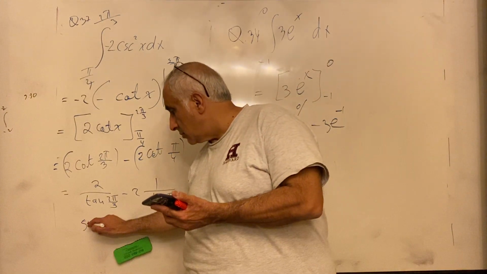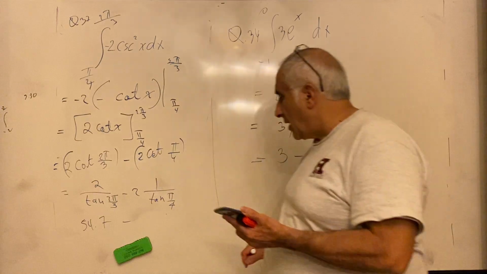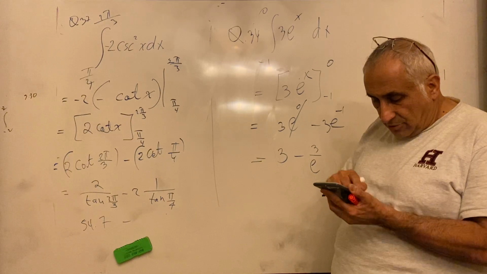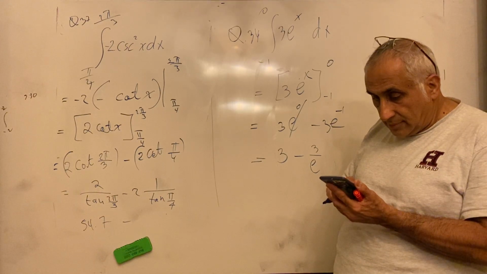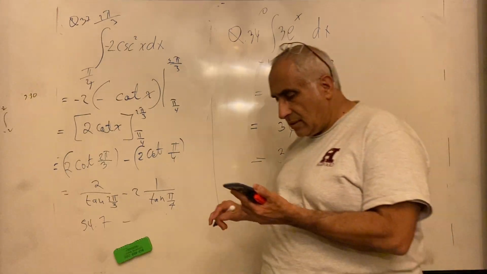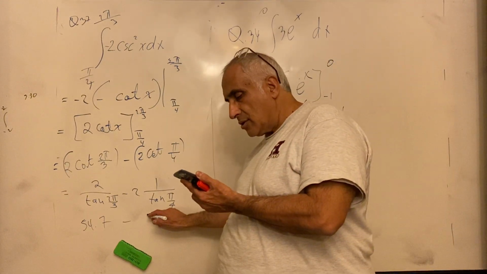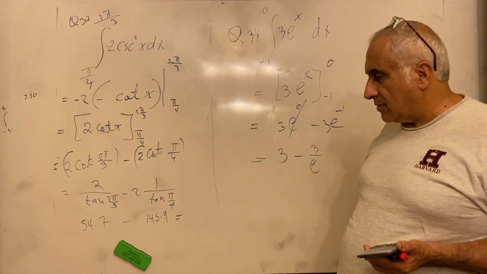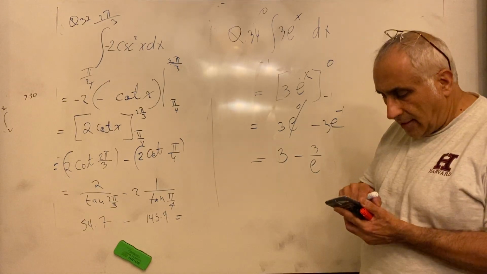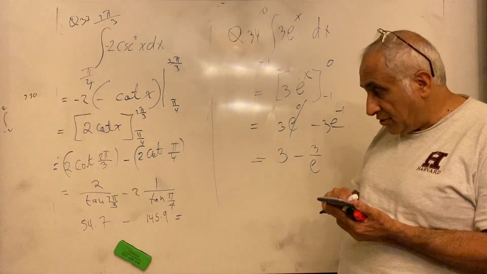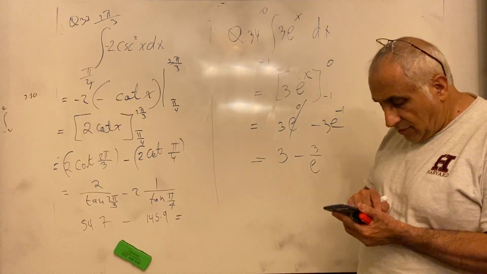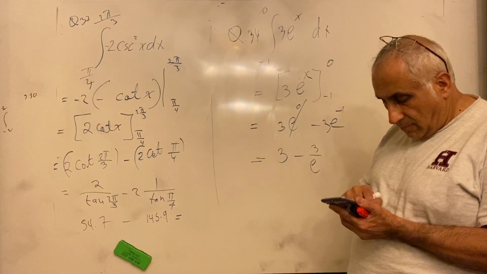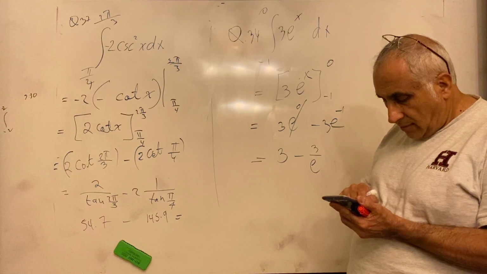Wow, the answer is roughly 54.7. And then 2 divided by tangent 45, which is 1, I think, but let's double check that. Not exactly, something strange. I can go to tangent, radian 4, then do that again: tangent 2 pi divided by 3, 2 divided by answer.